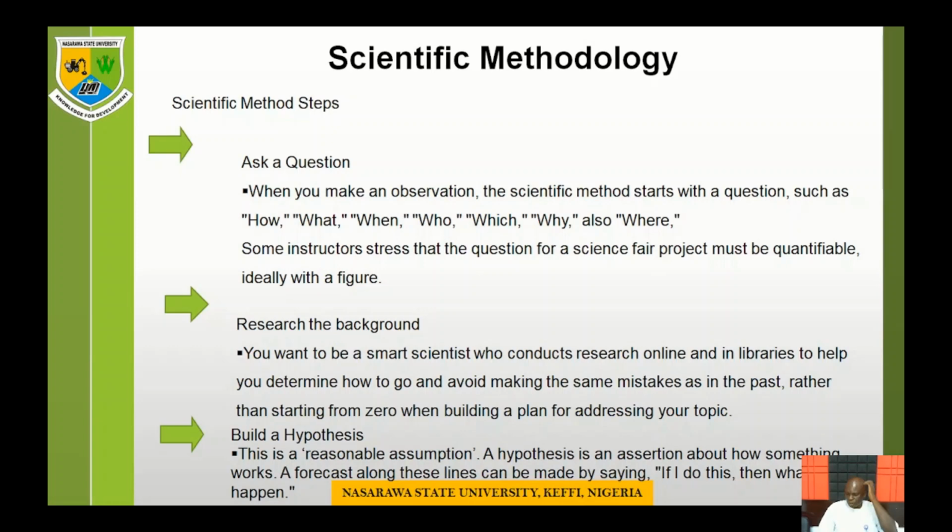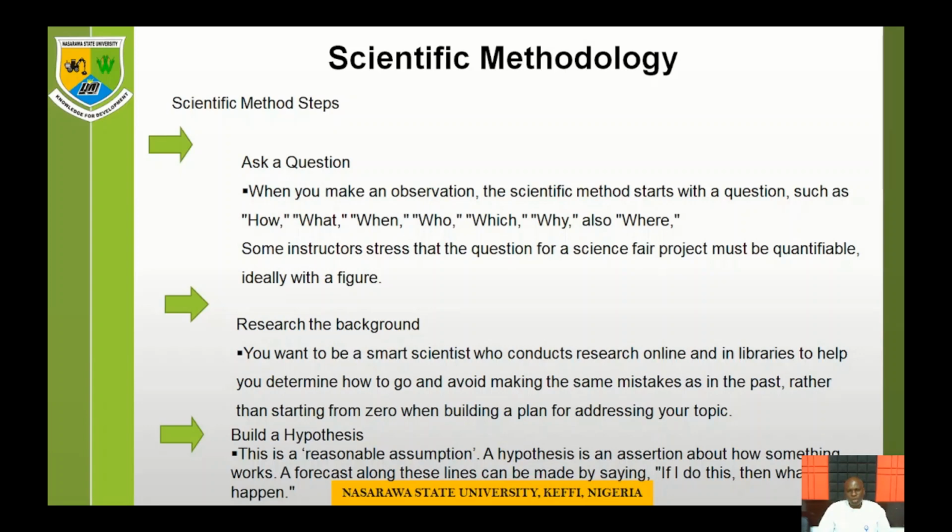The second one is for us to research the background. Of course, for you to be a smart scientist, you must ask questions, trying to ask, so a person did this, what was his result?